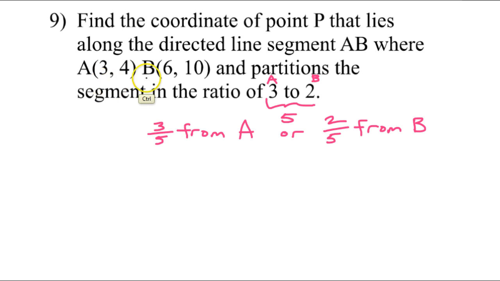Because we are given ordered pairs like 3, 4 and 6, 10, this tells me that we are dealing with x's and y's. So what you want to do is deal with the x's separately from the y's. So on the left side, I'm going to work out a diagram for the x values.